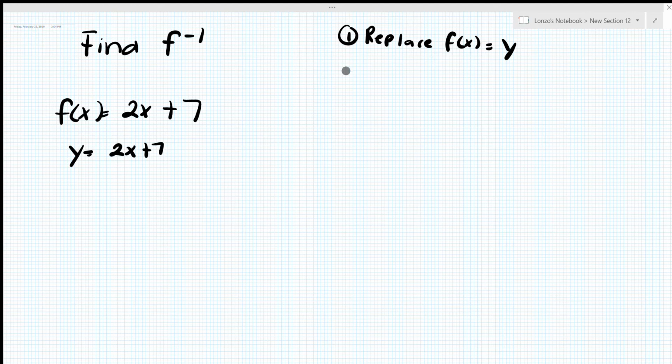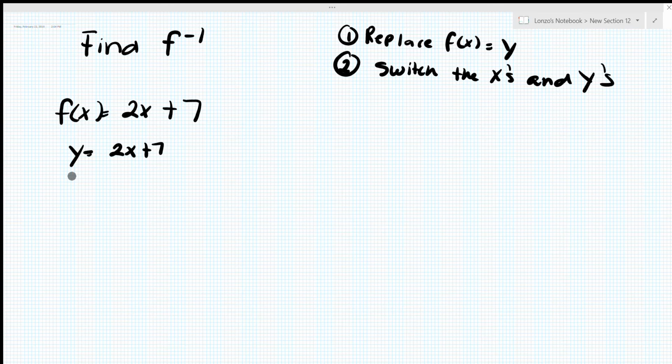My second step is switch the x and y's. So we're using y, we're going to replace that with an x. So it's going to be x equals, and whenever you see an x, you're going to replace that with y. So it's 2y plus 7. And then the third step is solve for y.